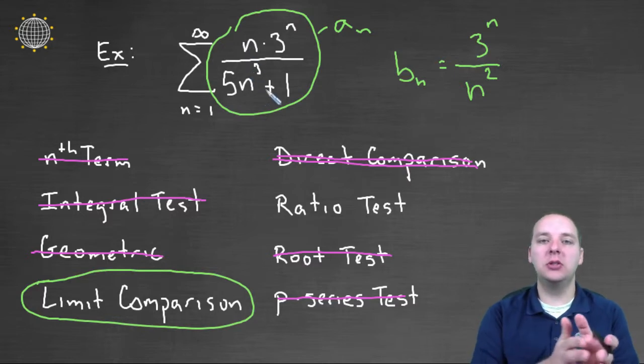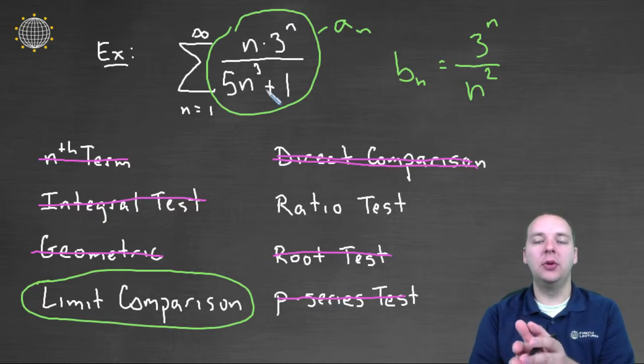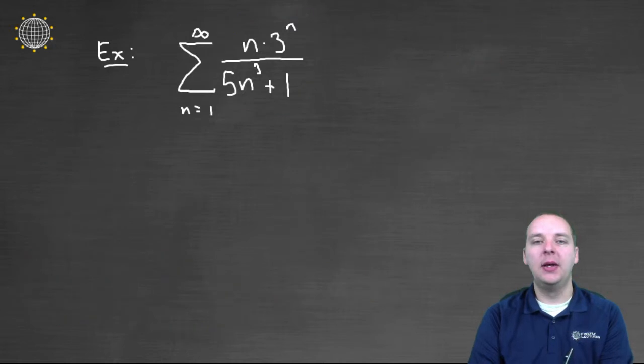So what you're doing is you're just looking for somebody to compare him to who's much simpler that we can determine some information about. So let's go with the limit comparison test, comparing him to b sub n, which is 3 to the n over n squared. All right, so we know how the limit comparison test works.